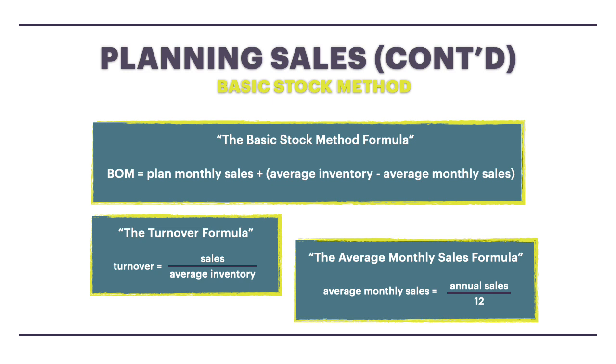Now, you'll also need to be able to calculate your turnover and your average monthly sales. To calculate your turnover, you'll take your sales and divide that by your average inventory. To calculate your average monthly sales, you'll take your annual sales and divide that by 12.